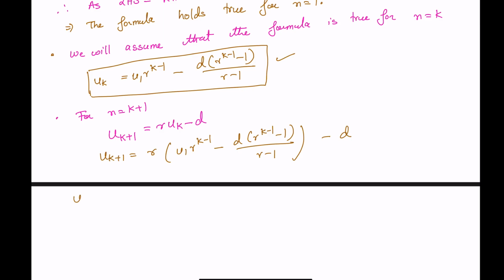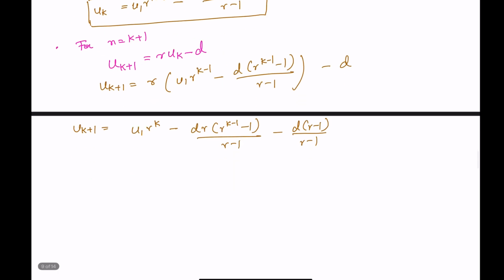Now we will open the bracket and try to simplify this. So u1 r to the power k minus 1 times r is u1 r to the power of k, minus d times r times r to the power k minus 1 divided by r minus 1. I have to include this d, so I'm just multiplying and dividing with r minus 1. Next, if I open the brackets, I'll get d times r to the power k minus r, and I can combine them together, minus d times r minus 1.